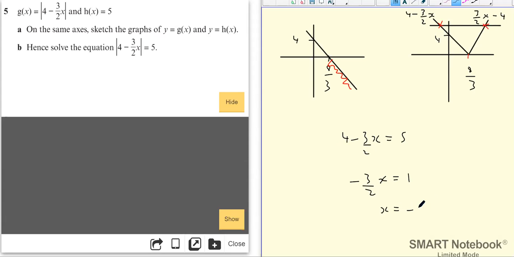And so x equals minus 2/3. And the second equation that we are going to solve is 3/2x minus 4 = 5. 3/2x = 9. And so x equals 6 here, which makes sense. This is 6, and this is minus 2/3. Does that make sense?